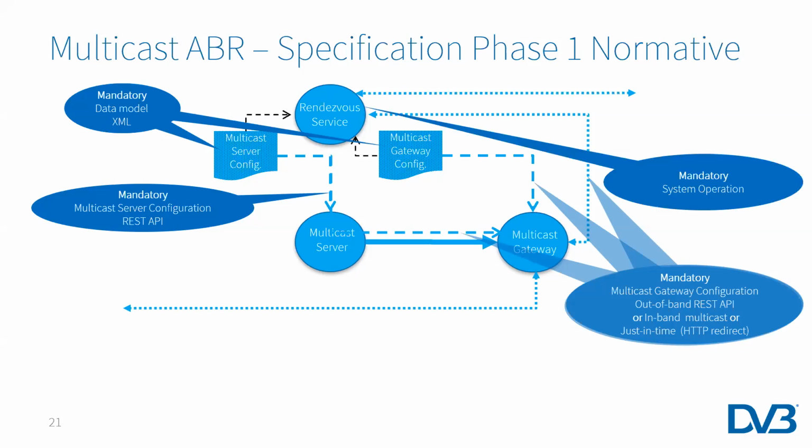Then we have described the system operation, all the slides I just went through. These are a standardized way of starting and running this framework. And then we have optional parameters.